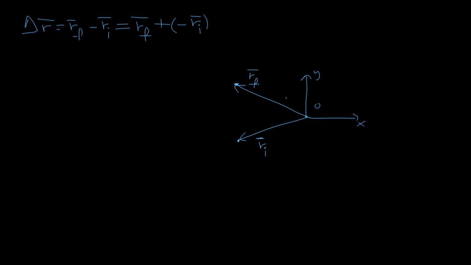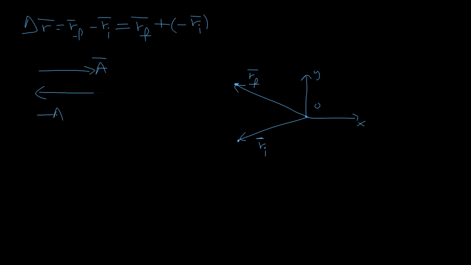Let's see how this works out. So I have R final, which I'm going to keep, and I also have minus R initial. Now in this picture what I show is R initial. If this is vector A and you want to find minus A, then minus A is going to be a vector that has exactly the same length, and it should have the opposite direction.